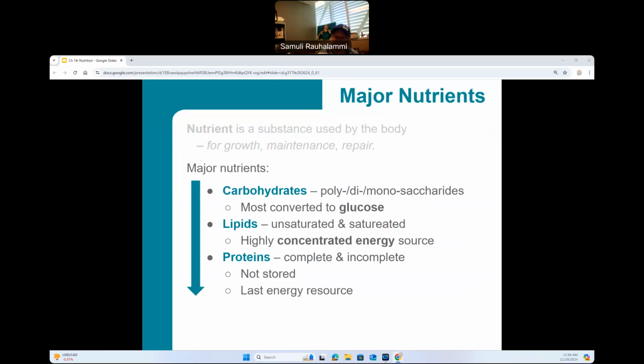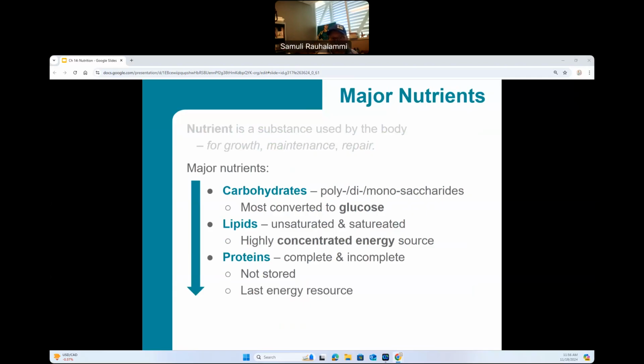Because proteins are not stored in the body, they need to be available in your digestive system when you need them. So we see, for example, bodybuilders at the gym consuming protein drinks or protein powder when they train to bulk up muscle mass. And you remember muscle is made of protein, so they want to ensure there's availability of protein when needed for this purpose.